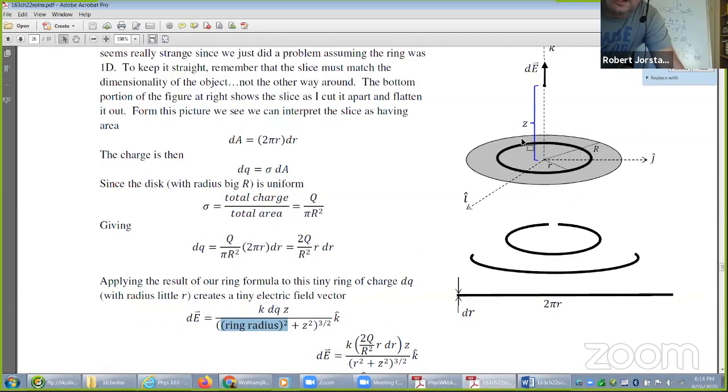So here you could see, here's the ring that I'm trying to build this out of. That ring is going to cause this tiny contribution to the overall field. We're going to add them up later, but notice the whole way around is 2 pi r. When you snip that rubber band and lay it flat, its thickness is dr and its length is 2 pi r.